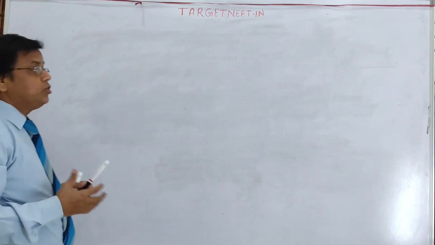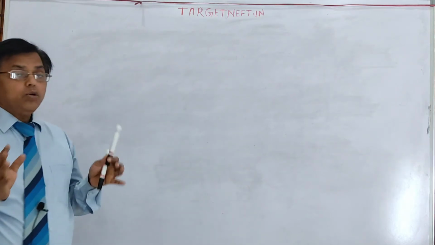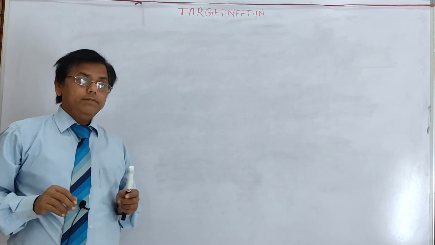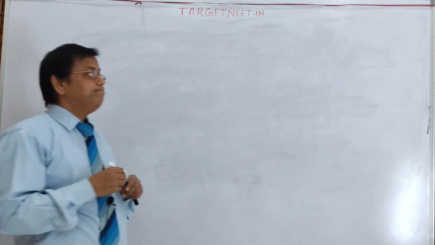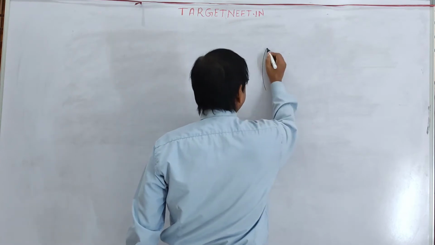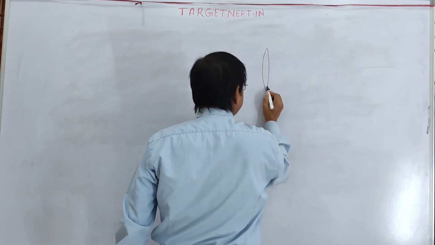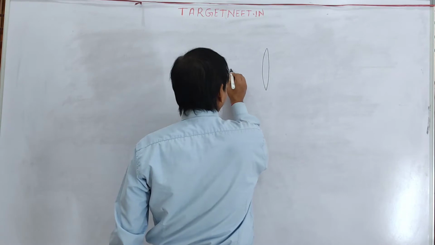Now, for a combination of two lenses when they are not in contact, how are we going to find the equivalent focal length? This is lens 1, this is the principal axis.